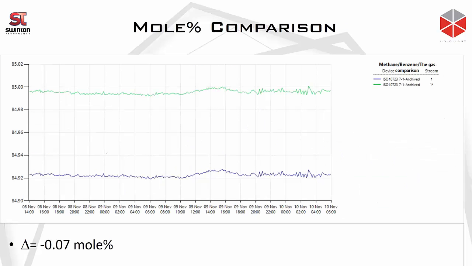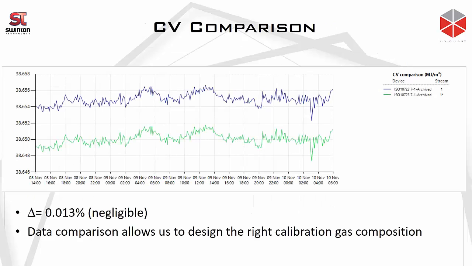Now we only see minus 0.07 mole percent bias. So instead of reading 84.994, it actually reads 84.92% on methane. Now the impact on the CEV is only 0.013% rather than 0.047%. Now this is really negligible.